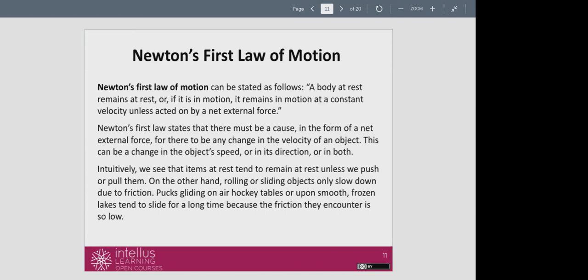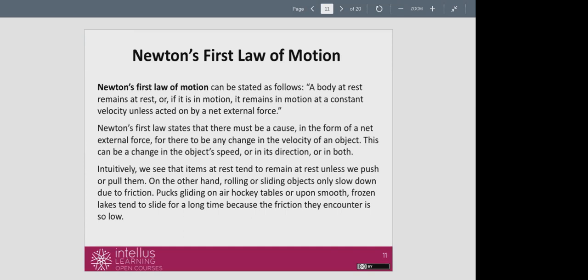An object in motion remains in motion at a constant velocity unless acted upon by a net external force. So if it is moving, it is going to keep moving with the same velocity unless you disturb it with a net external force.